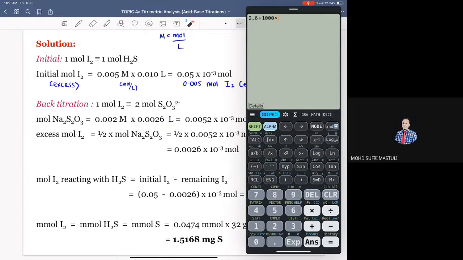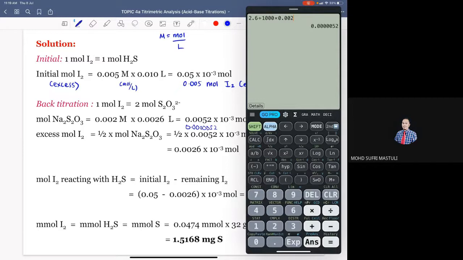And then you multiply 0.02, you can obtain the number.